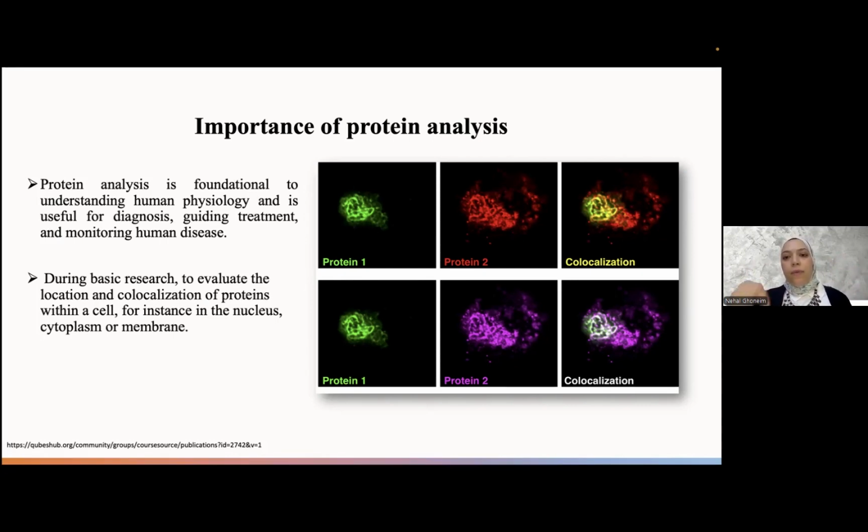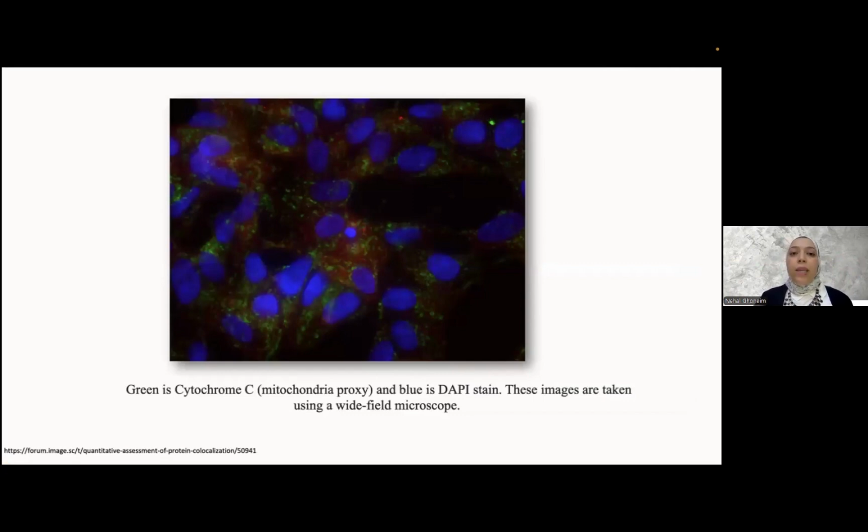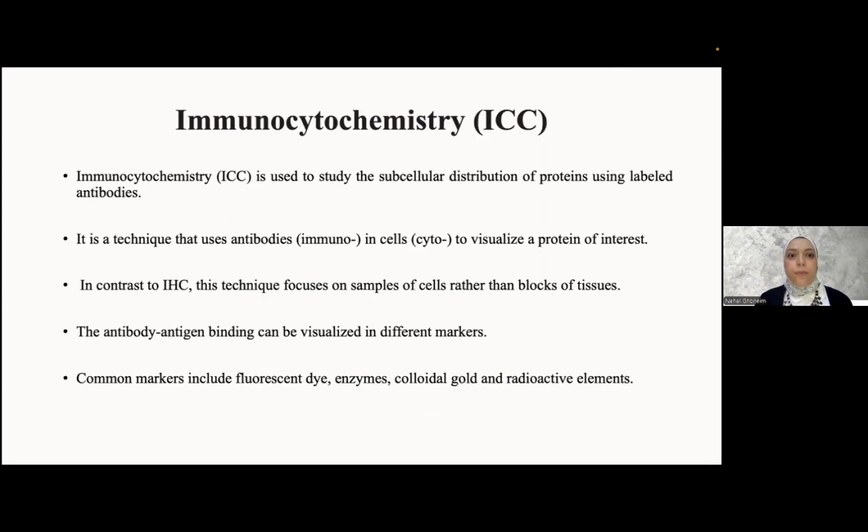Also in the figure below, we can determine if our protein, which is in green, is nuclear, or extranuclear in the cytoplasm, or even on the surface of the cell membrane. So the localization can be determined using immunostaining.